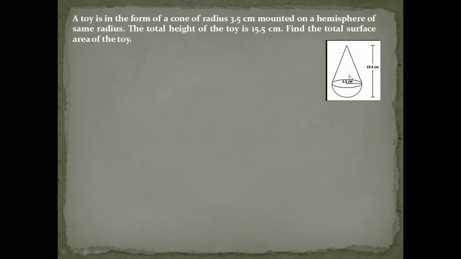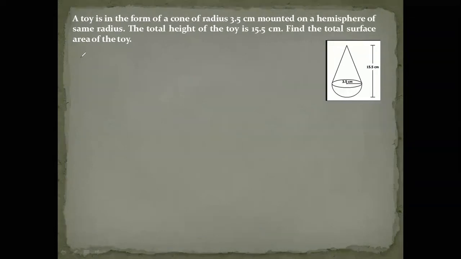So we are just going to find first l, and then we substitute the value of l in this curved surface area of cone, as well as we are going to find the curved surface area of this hemisphere, and just join these two curved surface areas, so we will get the total surface area of the given toy.